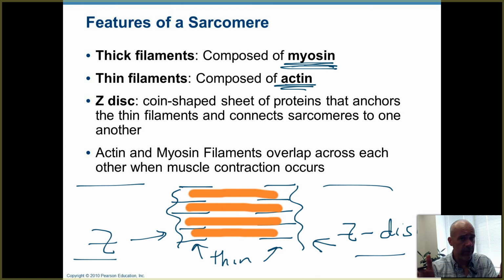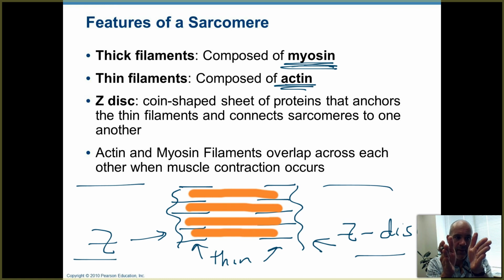And basically what happens when a skeletal muscle contracts is, within your muscle cells, you have these sarcomeres where the actins and the myosins overlap each other like this. They basically walk across each other. And as that happens, the sarcomere does this.